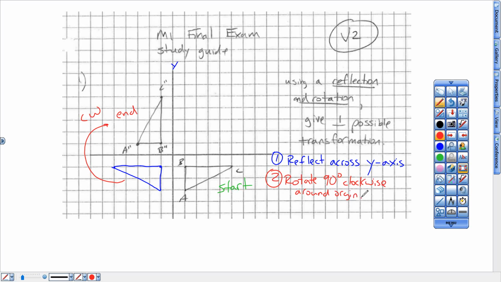Another way would be to take that triangle and reflect across the x-axis first. If I wrote that, reflect across x-axis, then my second part would be to rotate, but I'm rotating from here, I'm rotating counterclockwise. Again, remember this piece right here, this stretch will rotate all the way to here.